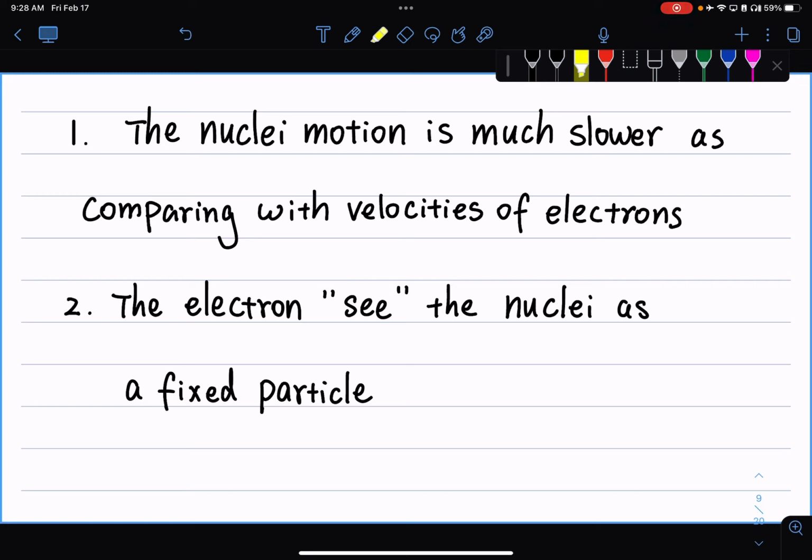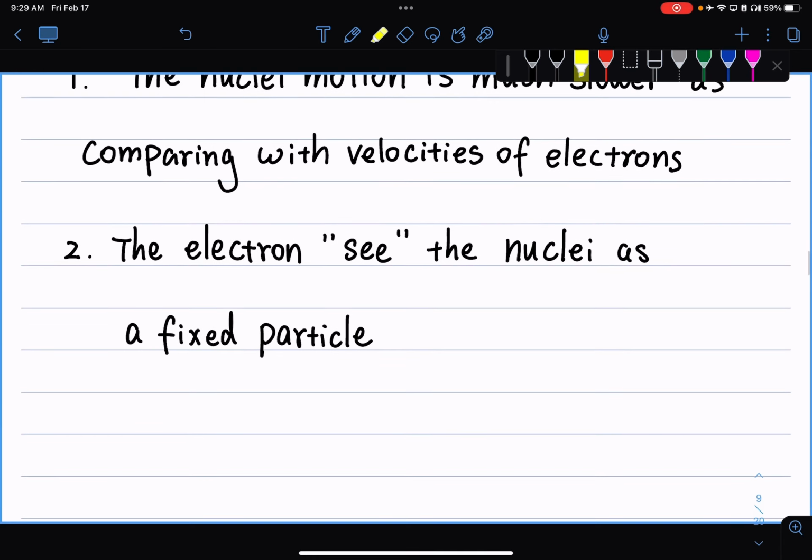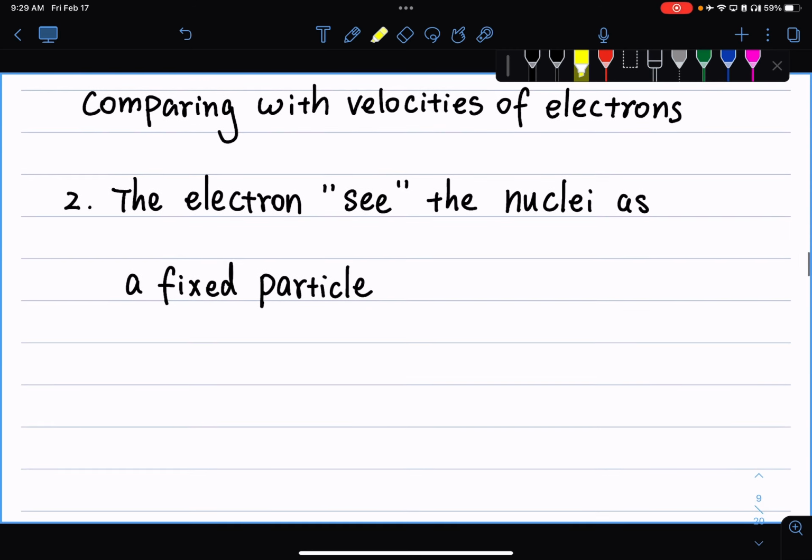Right? Imagine you're in a train that's moving really fast, and you look outside of the train. What you feel is that everything outside pretty much stays, not moving as fast as you are. So the result here is that electrons that are moving faster will see the nuclei as fixed particles.